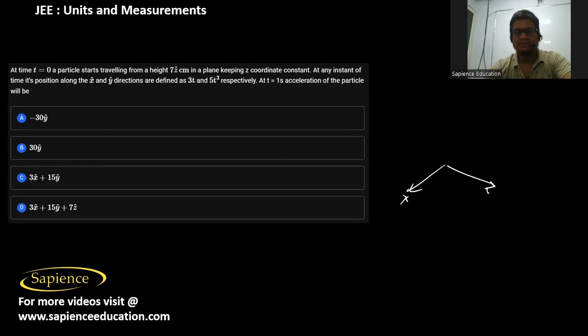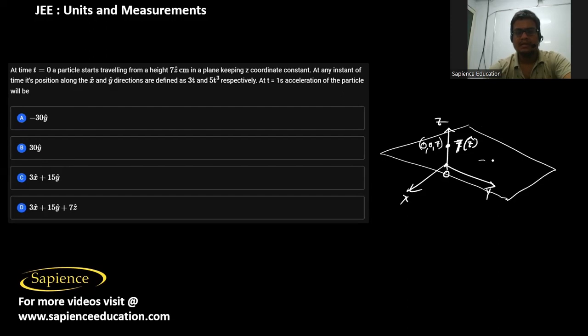Let's say this is the xy plane, this is the z axis. This is the origin, so it is located at 7 z cap. It means it is located at 0, 0, 7, and it is moving in a plane parallel to the xy plane.